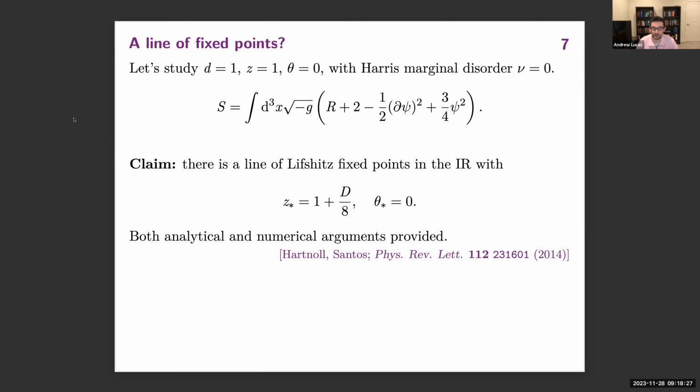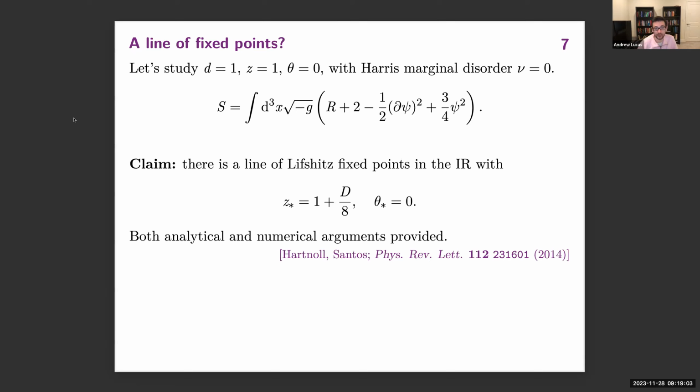These are Lifshitz points where there's no hyperscaling violation, so theta is 0, but the IR value of z, the dynamical critical exponent, does get modified to 1 + d/8. Remember that when nu is 0, d, the disorder strength, is dimensionless, so this formula is reasonable. And here the stars just denote the IR exponents. Hartnoll and Santos used both analytical and numerical methods to justify this claim.